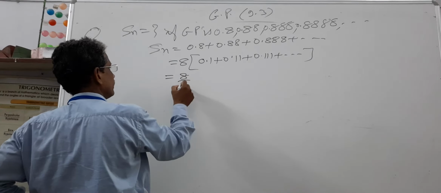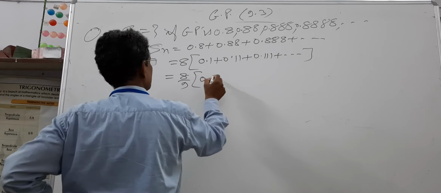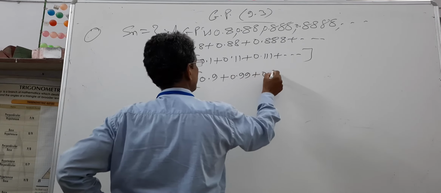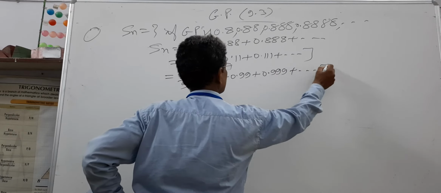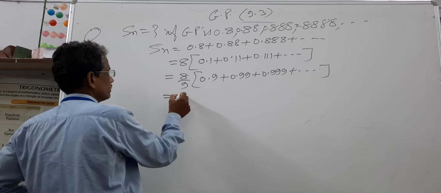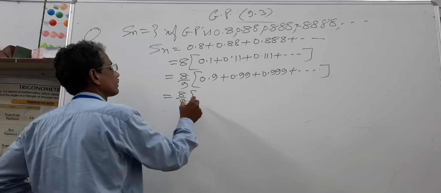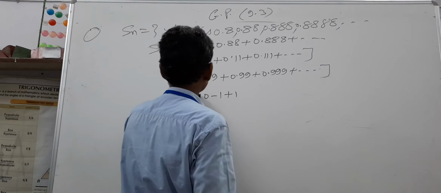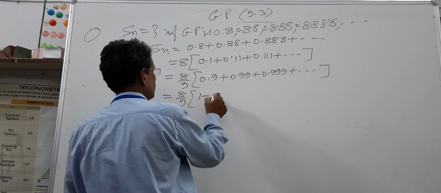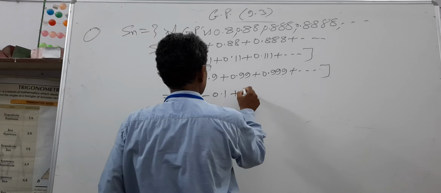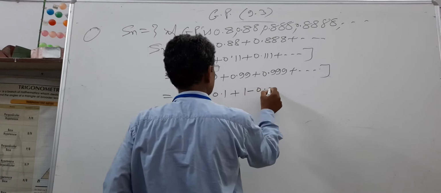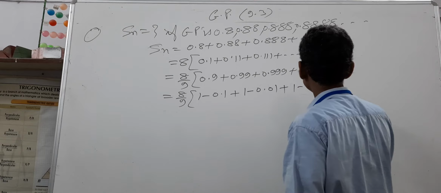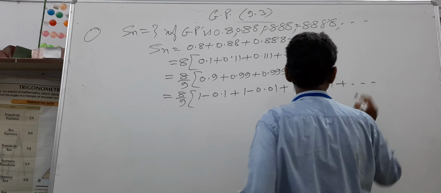Again multiply and divide by 9, it becomes 0.9, 0.99, 0.999 and so on. This becomes equal to 1 minus 0.1 plus 1 minus 0.01 plus 1 minus 0.001 and so on.